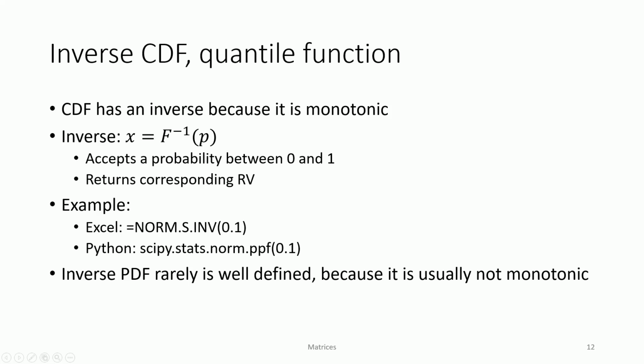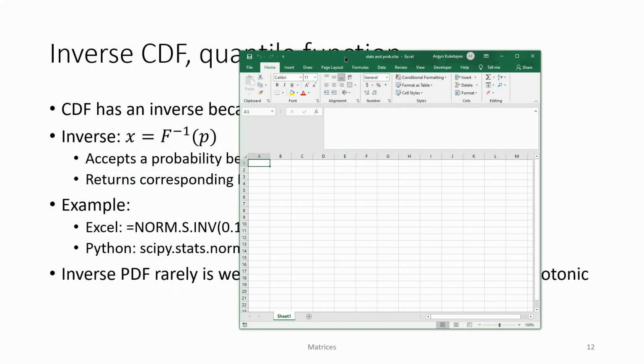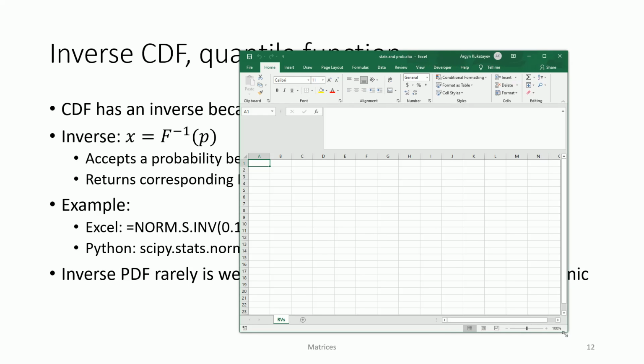So I want to show you an example of using inverse CDF here, right? Let's see. So let us say we want to find out the value of the standard normal random variable with probability 0.75. Let's see.